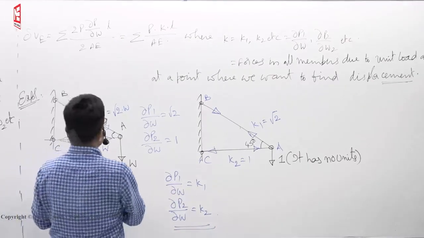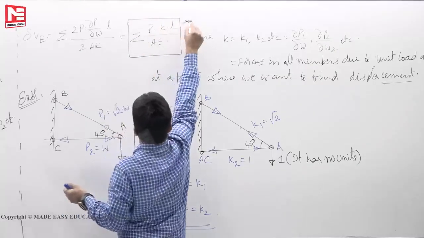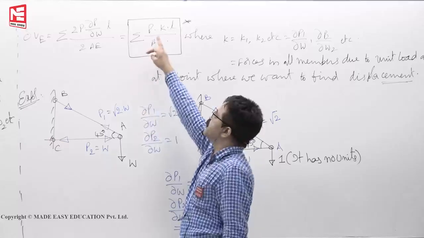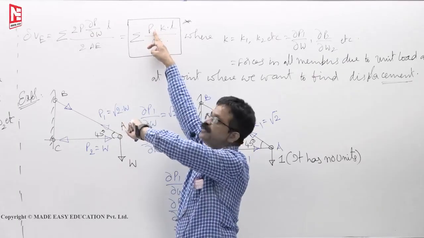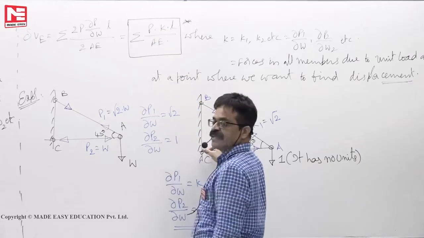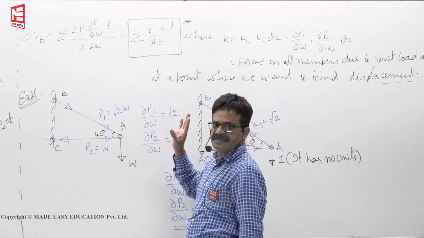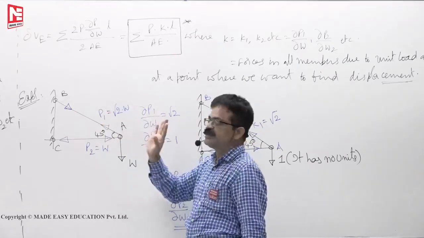So PKL by AE. This is deflection at any point, means you have a 3-step procedure. First step is P, find forces in all members due to the applied load. Second step is K, due to unit load what are all the forces in the members. When unit load is applied, that actual loads should not be there.